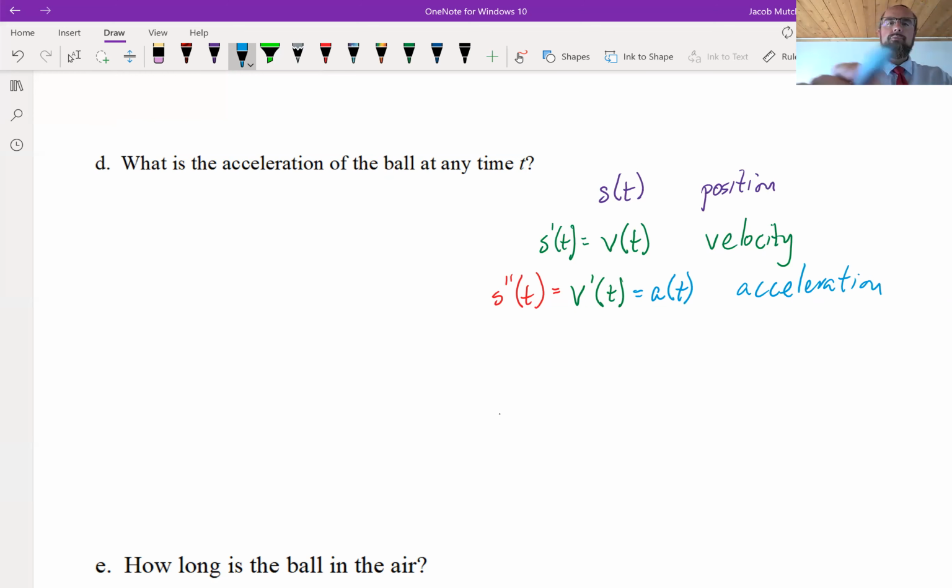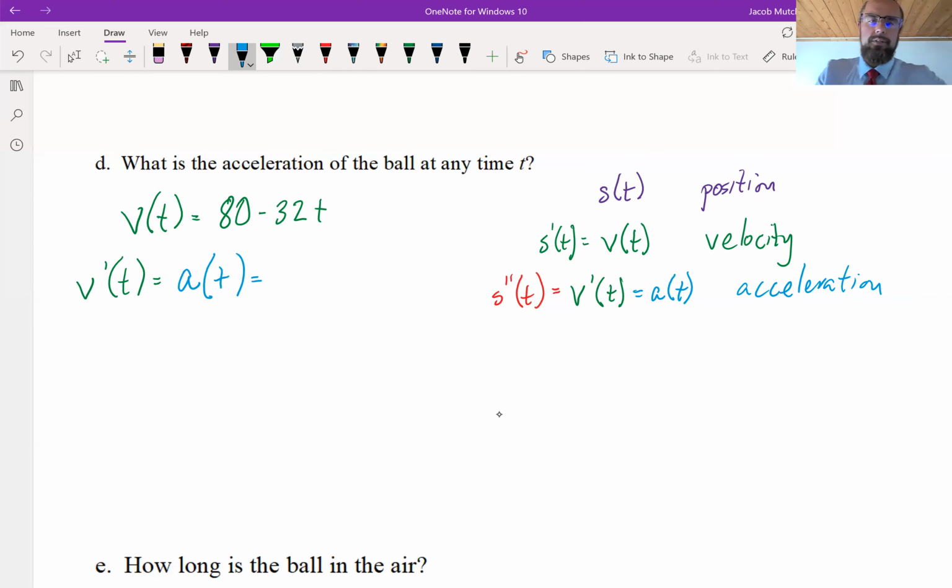So just to bring back velocity here, we had calculated that that has the equation of 80 minus 32 times time. So let's calculate the derivative. So the derivative of the velocity function, which we're going to interpret as the acceleration function, is, so derivative of 80, that's a constant, is 0.